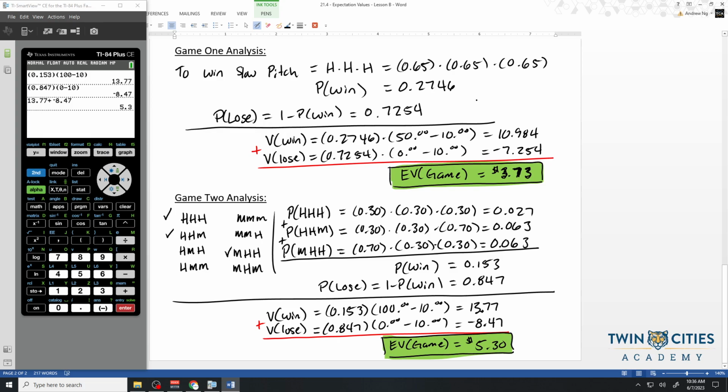The probability of me winning fast pitch is lower. The balls are being thrown much faster. It's harder for me to hit them. Because the payout of winning is so much greater, the expectation value is better there. So it's better to play fast pitch versus the slow pitch challenge.